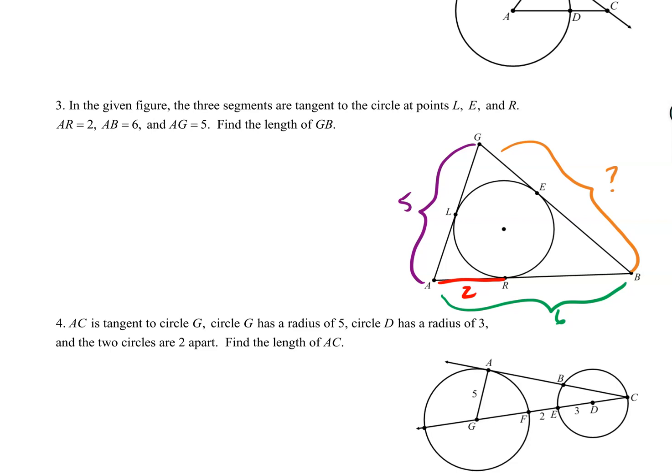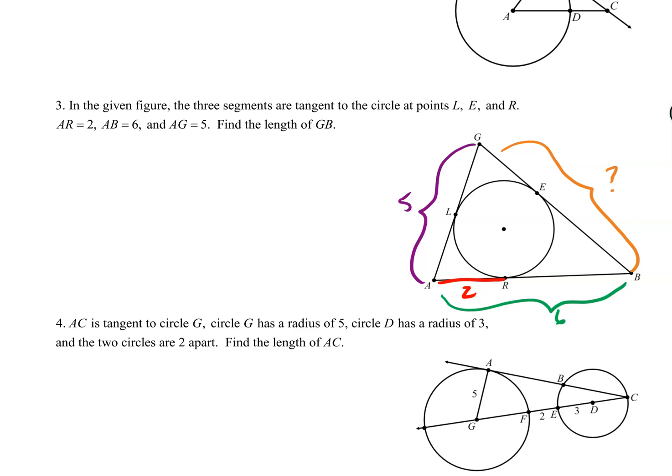All right. Well, at first glance this is a difficult question. There's not a lot of information given to you. There's nothing given to you about any parts of GB. So you have to do a lot of thinking outside the box until you recognize that you actually already have everything you need here if you know your properties of tangent lines.